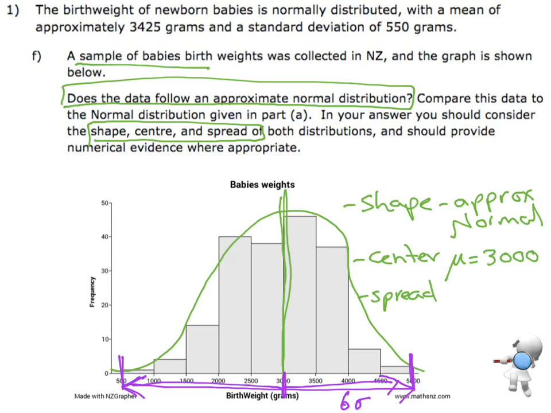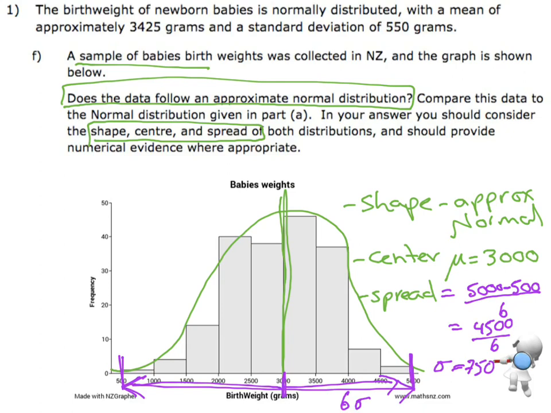So the total distance is 6 standard deviations wide. So to find my spread, I'm going to take the maximum is 5,000 minus the minimum is 500, and I'm going to divide that by 6. So that means I've got 4,500 divided by 6, and that is 750.